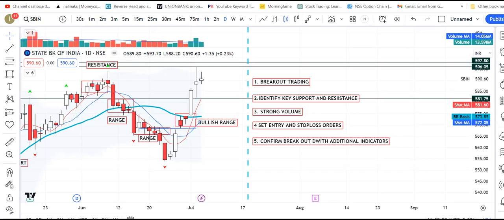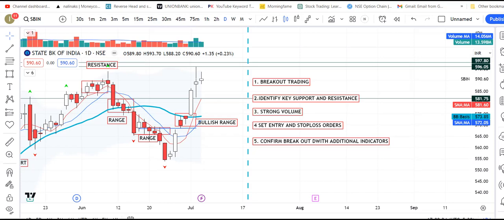To identify the ranges, first you have to identify them on the daily time frame. You should also know the key support and key resistance levels. If there is a breakout or breakdown from the range, it should be supported by strong volume.